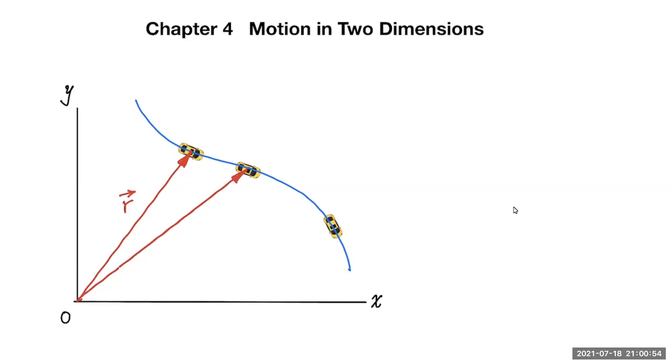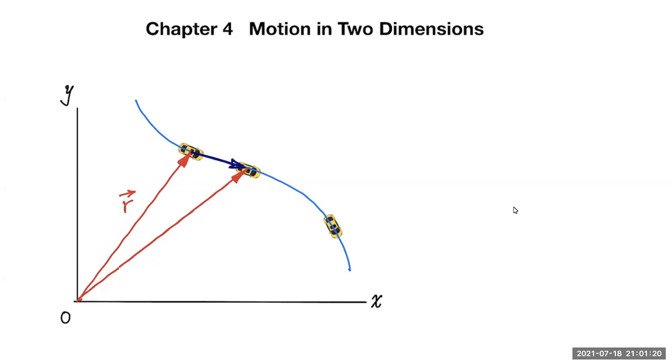They differ by a little bit, and I'm going to here draw the difference in these 2 position vectors. So here is a vector linking the initial and final position of this particle, of this car. Okay, this vector right here.